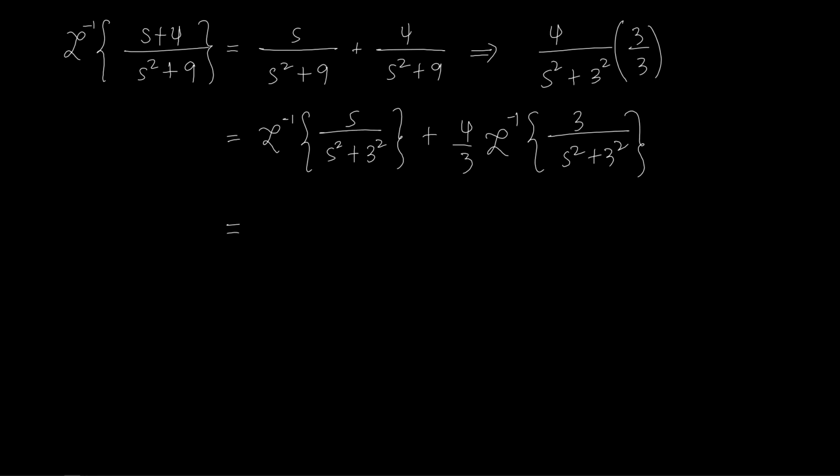Right? Cosine. This is cosine, because s is on top, and it's positive, so it's not hyperbolic. So this is cosine of 3t, then plus 4/3 sine of 3t.